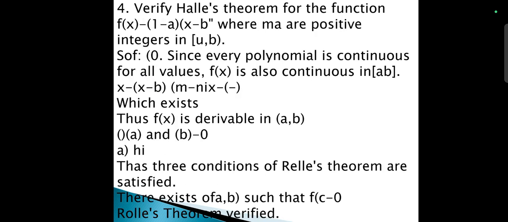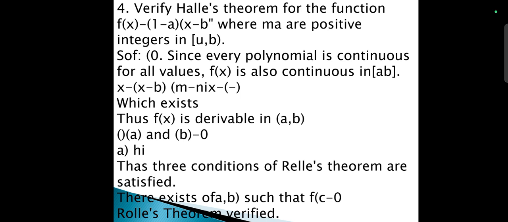Verify Rolle's theorem for the function f of x is equal to (x minus a) power m into (x minus b) power n, where m and n are positive integers, in a comma b. Solution: since every polynomial is continuous for all values, f of x is also continuous in the closed interval a to b.